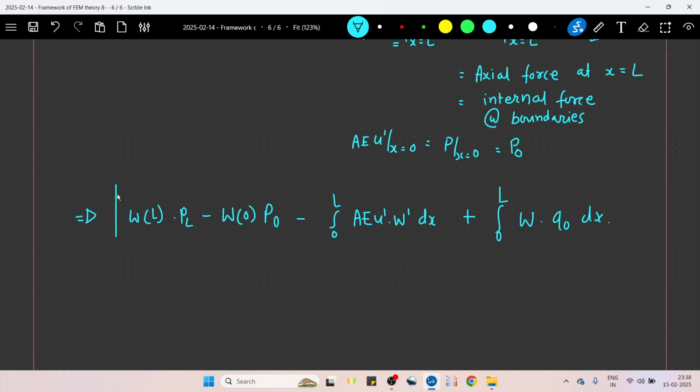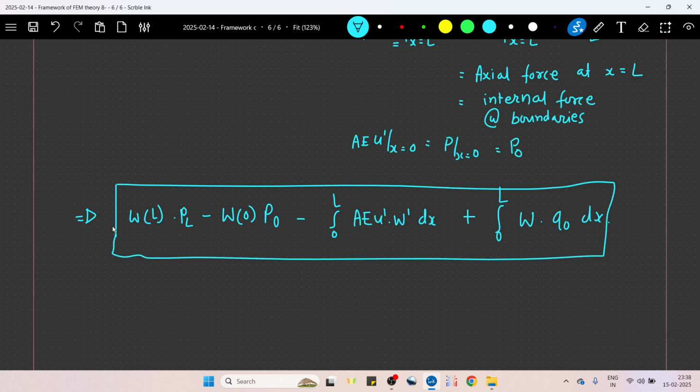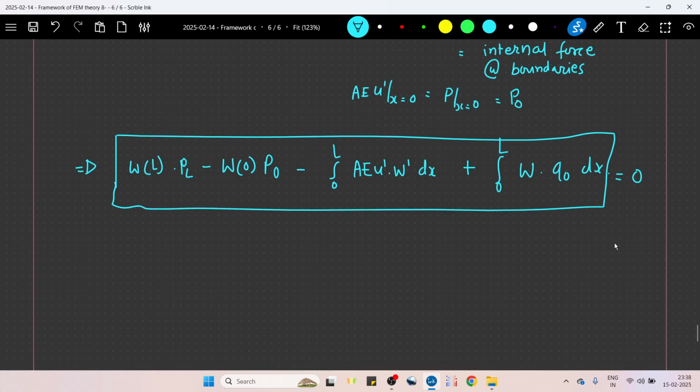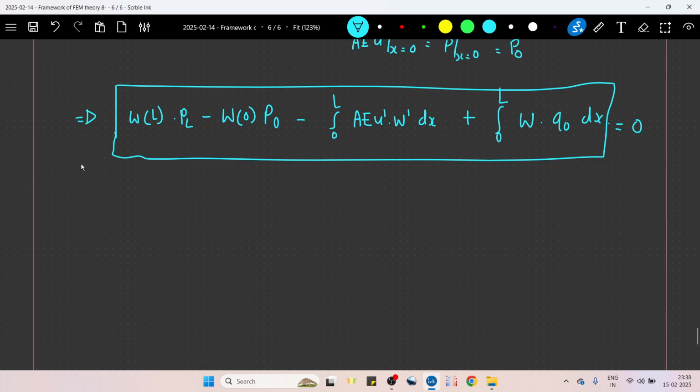So this is our weak form. Now we'll try to understand these terms. These two terms we have already explained; these are nothing but internal forces.